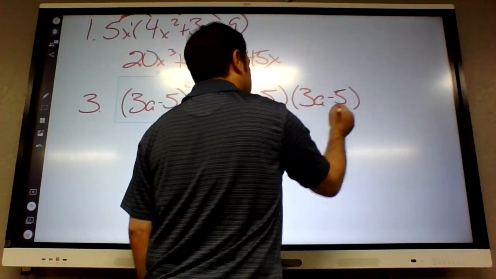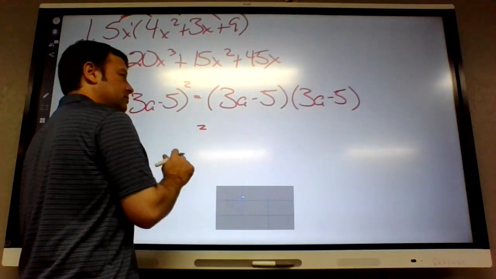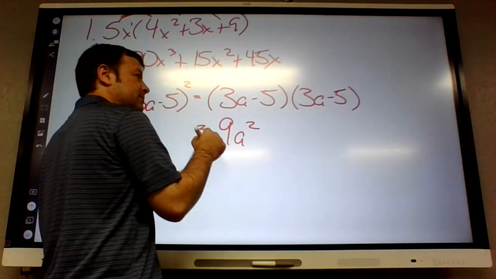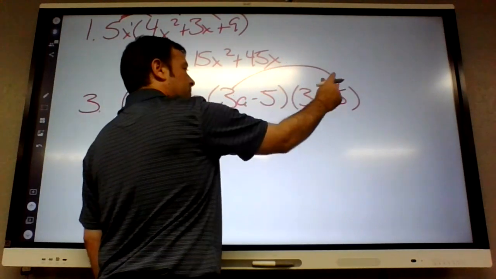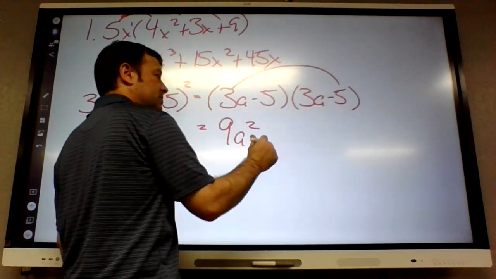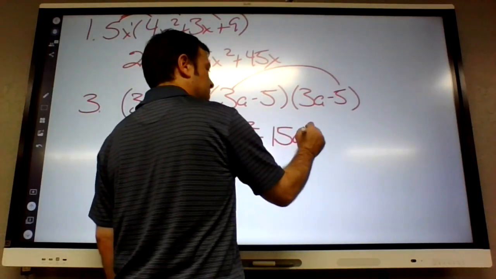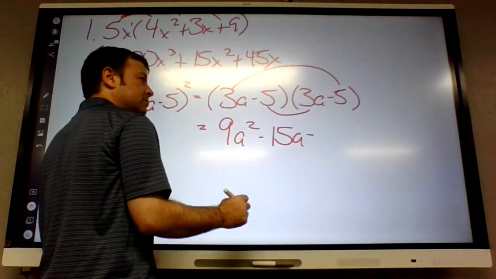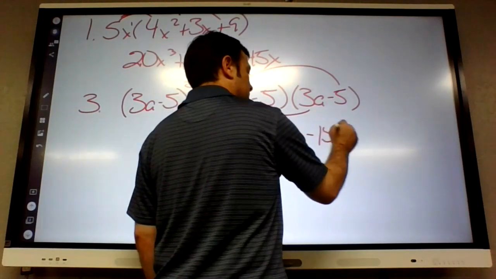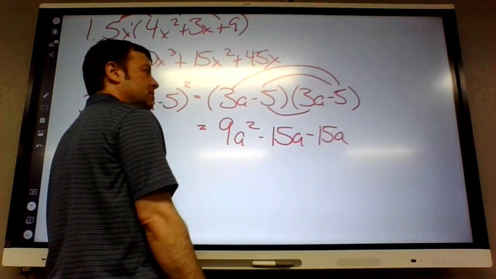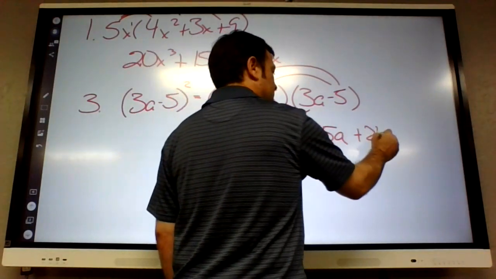So Anya, what would the first be? 9a squared. Outside? Plus 25 would be the last. It would be negative, minus 15. Inside? Minus 15a, and then the last is 25.